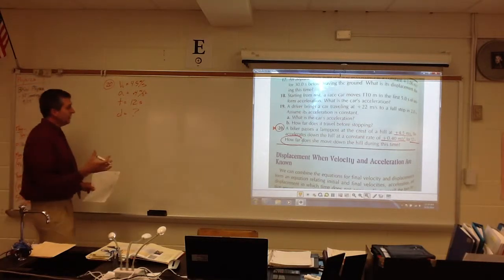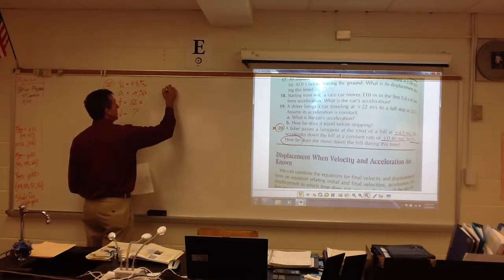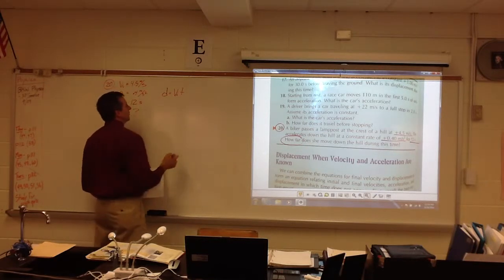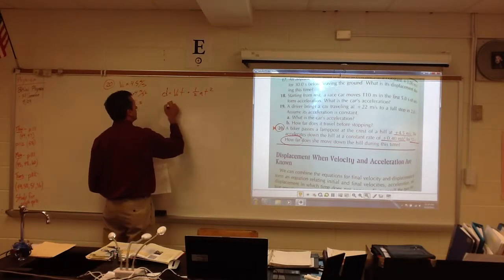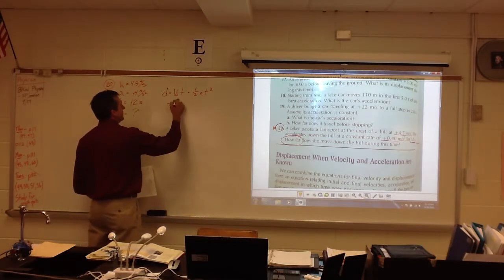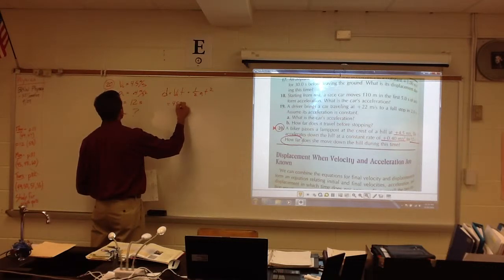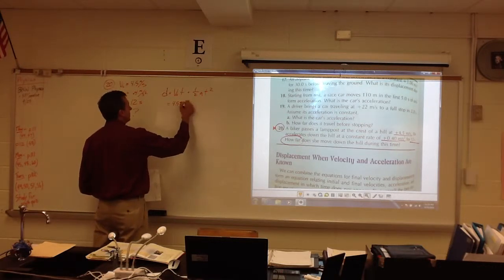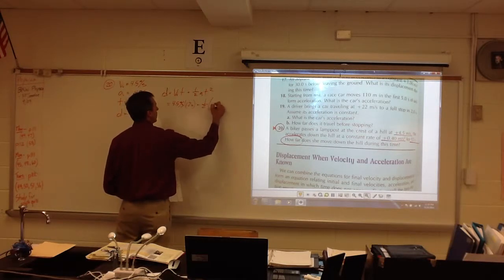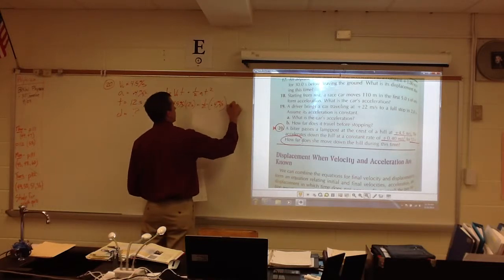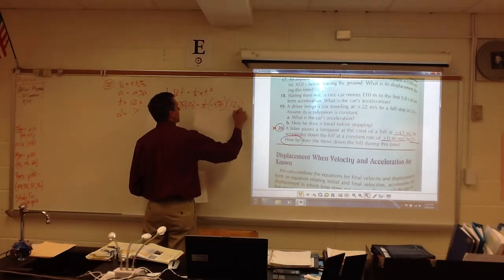Now this problem seems easier, and in fact is, because we can go directly to our new equation, d equals v_i t plus 1/2 a t squared, and plug right in 4.5 meters per second, 12 seconds, plus 1/2, 0.4 meters per second squared, and a time of 12 seconds squared.